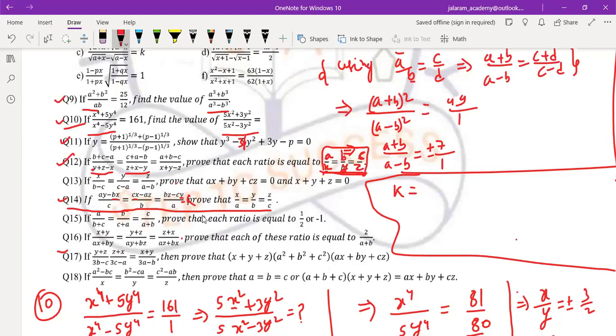How will you prove it? It is not giving it directly this time. So we will discuss it in the next session, but first try it yourself. Similarly, in question number 15 also, you have to try it yourself. First try, then we will discuss them in the next session.